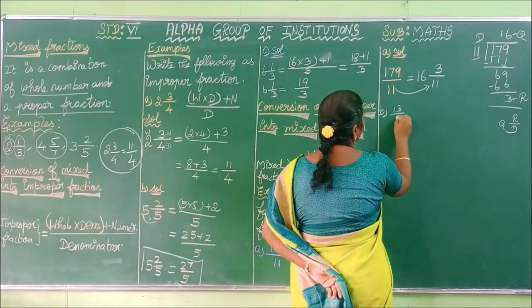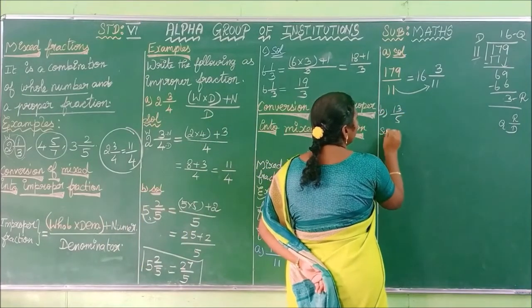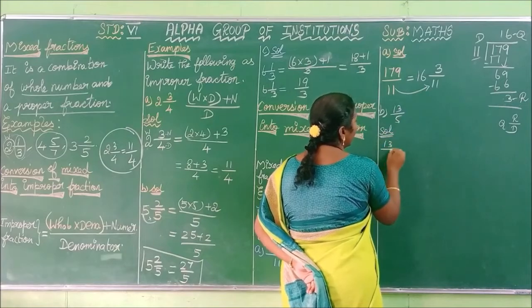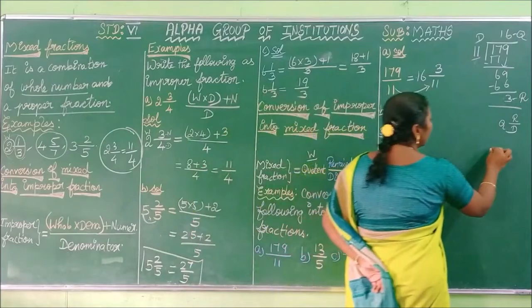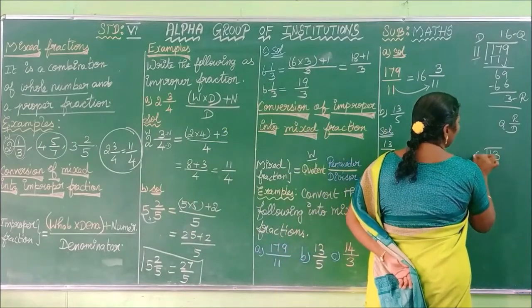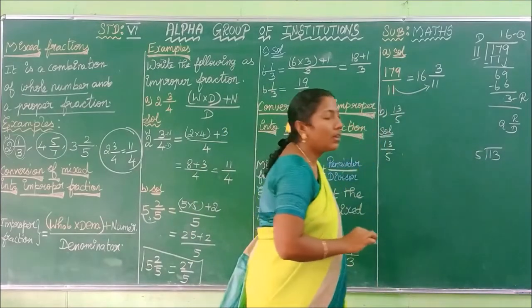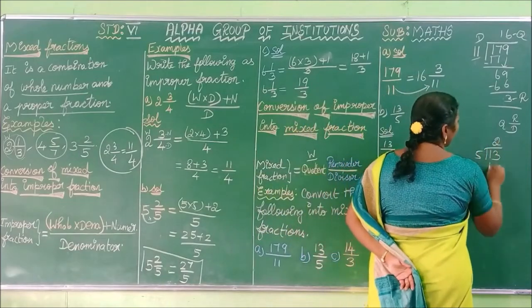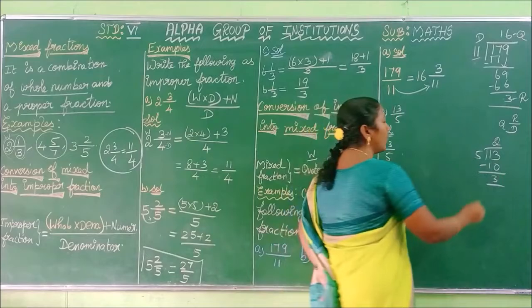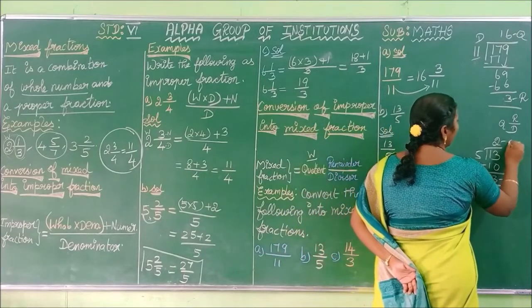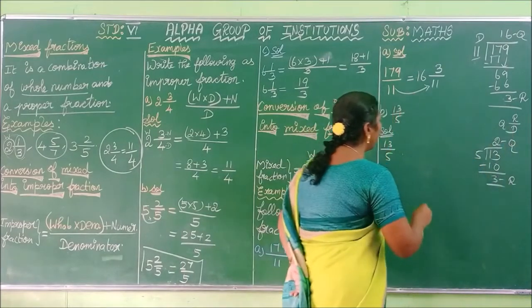See the next sum, B. 13 by 5. Now we are going to convert this improper fraction into a mixed fraction. For that you have to divide 13 by 5. So how many times? 2 5s are 10. By subtracting we get the remainder as 3. So our remainder is 3 and 2 is the quotient.